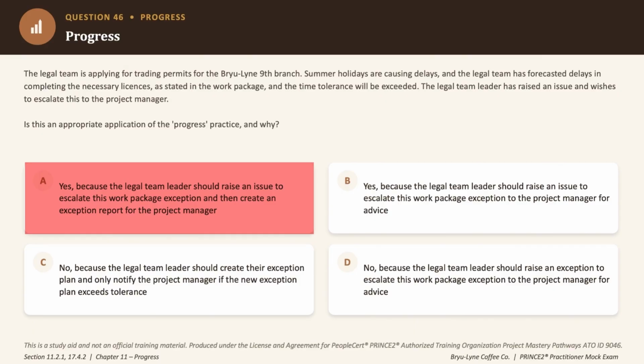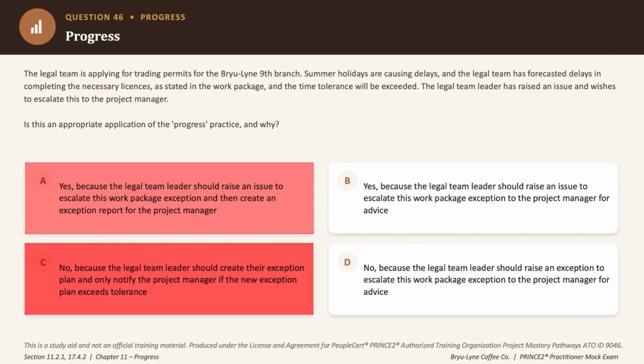Option C says no, suggesting the team leader should produce their own exception plan and only notify if it breaches tolerance further. Okay. But if you look at it closely, that really skips the project manager's role in deciding the response entirely, and it's totally an incorrect role and responsibility on behalf of the team leader that this option suggests.